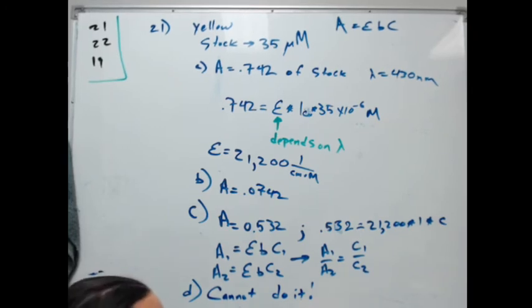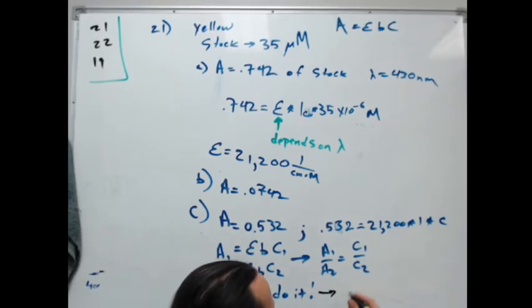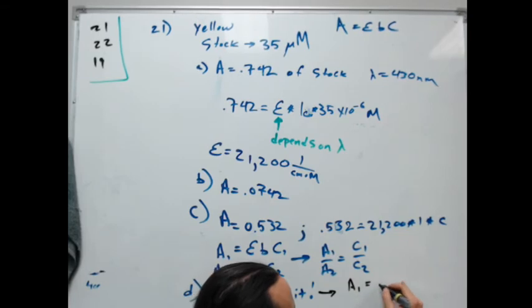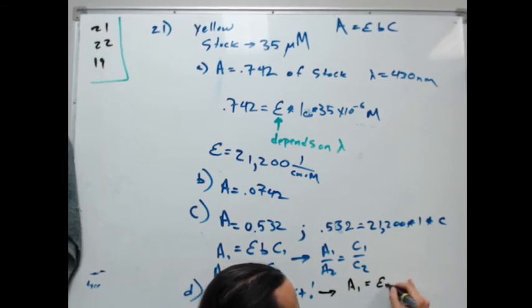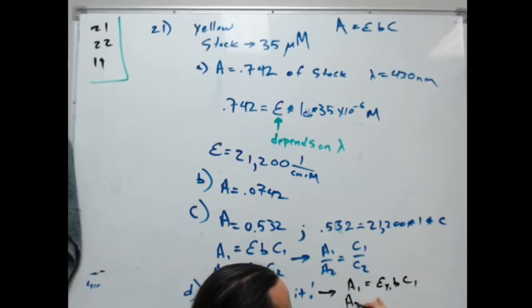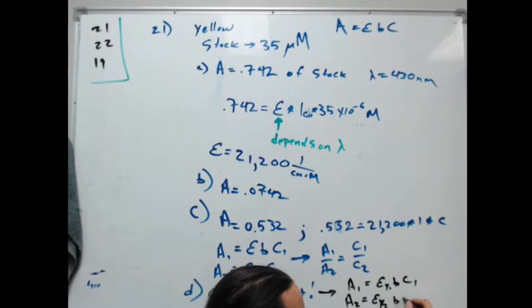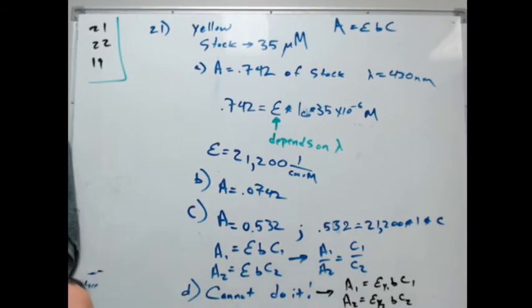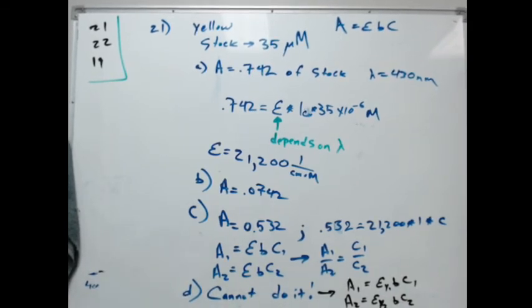In part D, we're going to have absorbance 1 is equal to epsilon, I'll call it yellow 1, b C1, and then absorbance 2 is going to be equal to epsilon yellow 2, b C2. The epsilons won't cancel out anymore. So when I take my ratio, the epsilon is still going to be there.